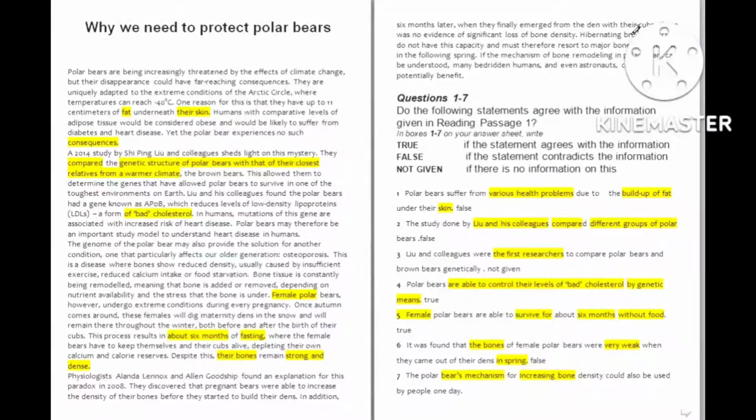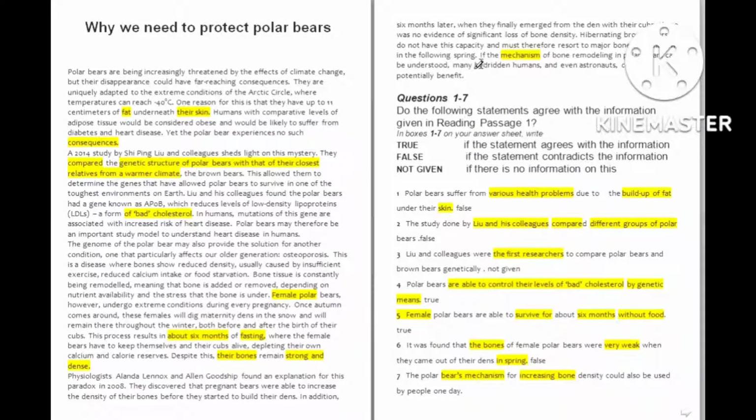Here we find the words mechanism of bone remodeling in polar bears. Bone remodeling means increasing density in polar bears can be understood.